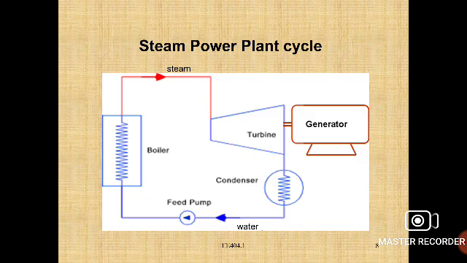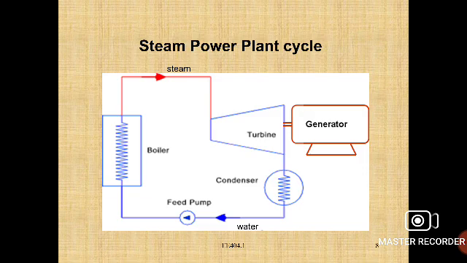And next, the turbine will operate the condenser. Next, it is connected to the feed pump. The feed water is supplied to the boiler, and inside the boiler a high pressurized steam is produced.